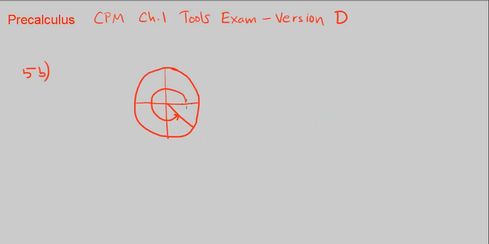Part B, again, now we're going in the positive direction. This angle we can see splits quadrant 4 into 2 equal parts. What you have to remember is when you split this into 2 equal parts, this one section is pi over 4.